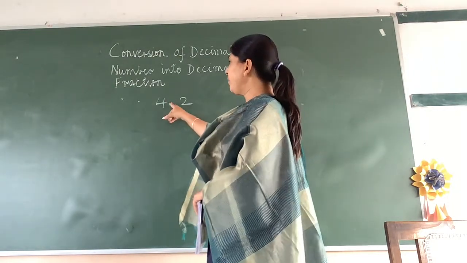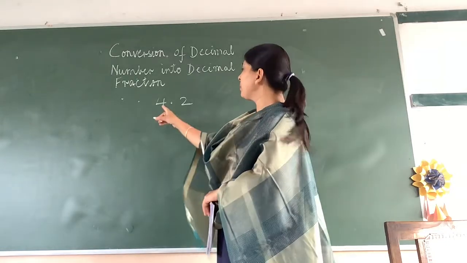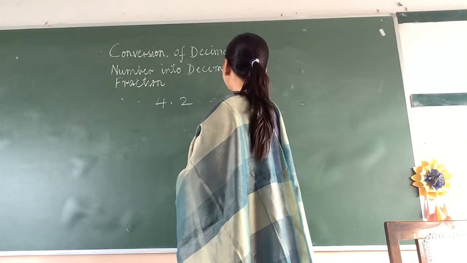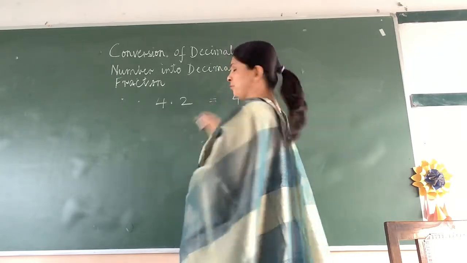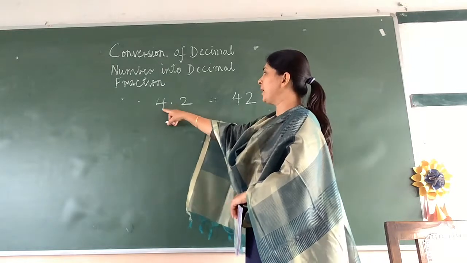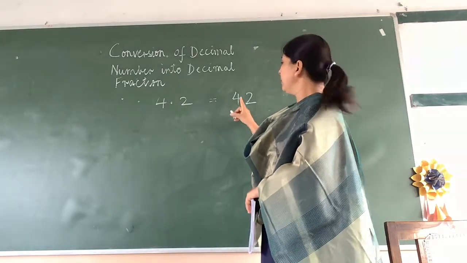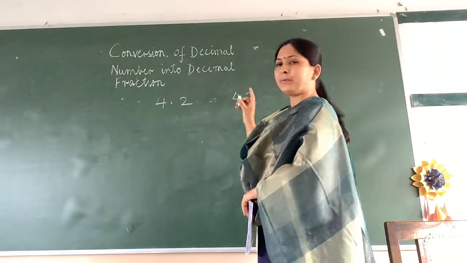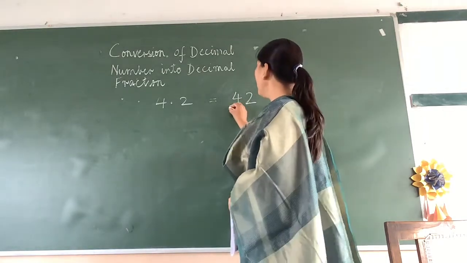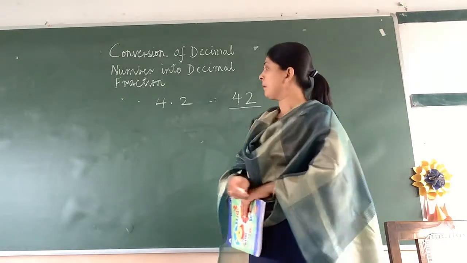If we remove the decimal point, the digits are 4, 2, which becomes 42. This will become the numerator of the decimal fraction.